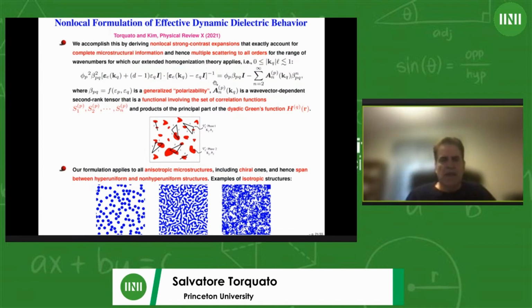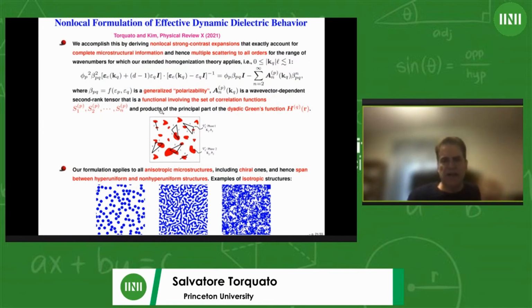Then these coefficients are second-order tensors that are functionals involving the set of correlation functions S1 to Sn. What are these? Sn is the probability of throwing n points into the system and the n points falling into one of the phases.